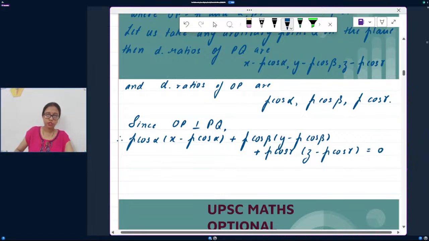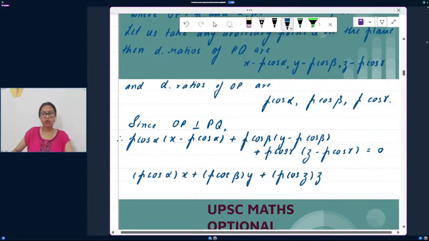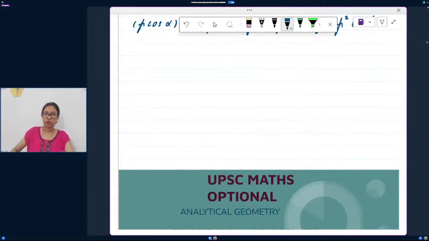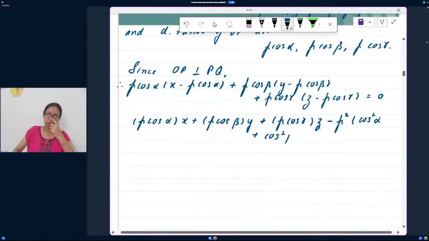Solve it. This is the relation I'm getting in x, y, z, so this is the equation of the plane: p cos alpha x plus p cos beta y plus p cos gamma z minus p square common, and I'll get cos square alpha plus cos square beta plus cos square gamma.